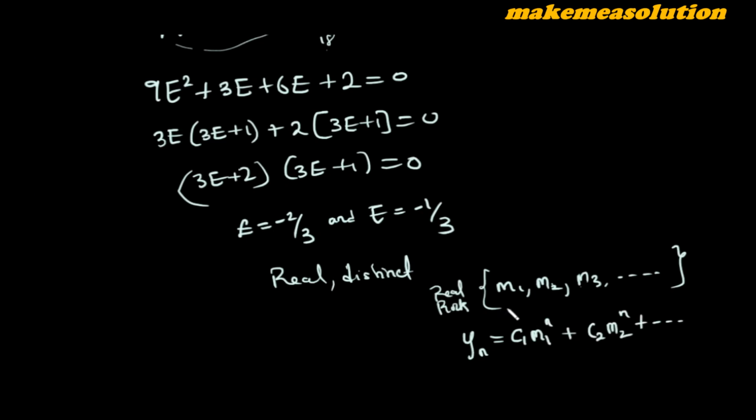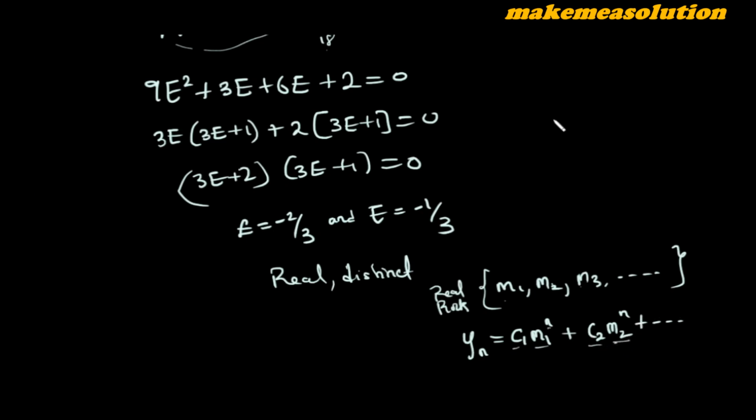So for the number of real and distinct roots you get, the solution of your difference equation is an arbitrary constant times the first root to the power of n, plus another arbitrary constant times another root to the power of n, and so on.